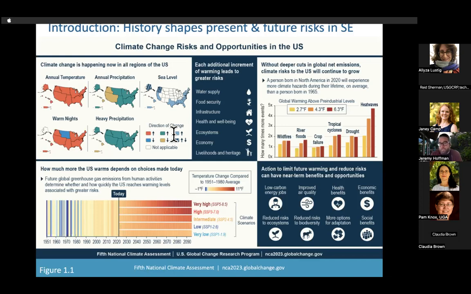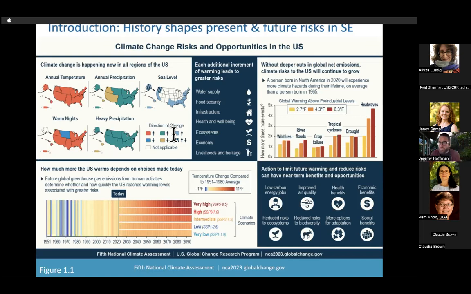We assess largely that our region's population is growing, mostly in metropolitan and coastal communities, as we'll talk about in a little bit. And as such, our region faces increasing threats from climate change with impacts across human health, our ecosystems, our economy, our infrastructure, and our food systems.